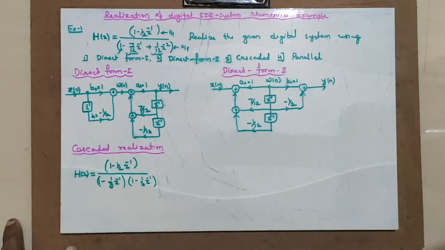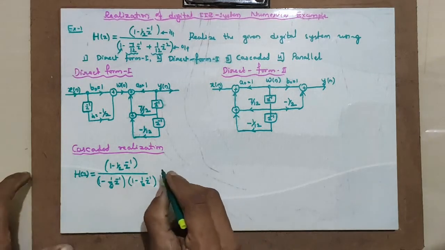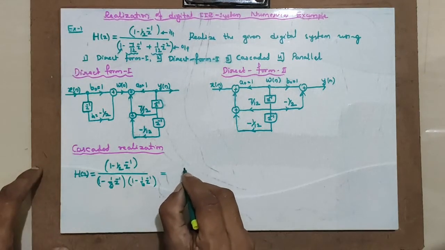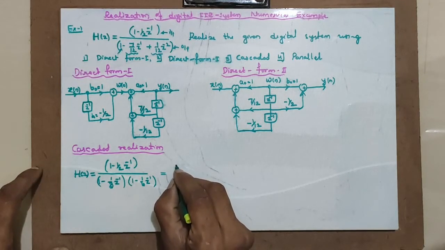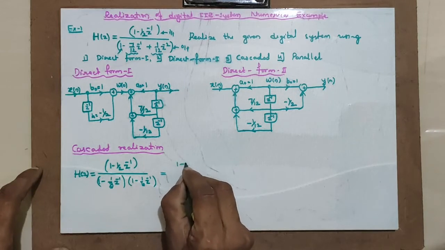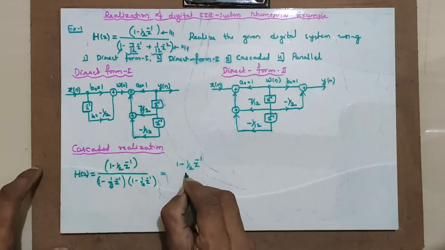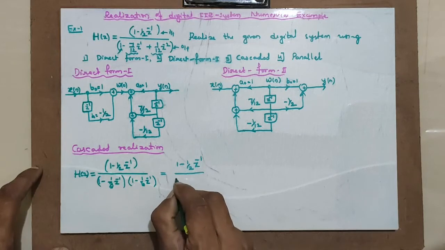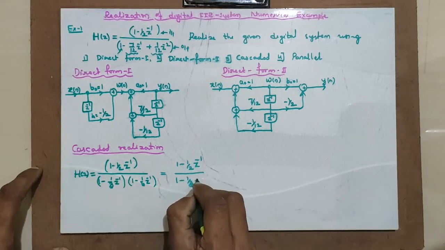Now this representation, I will be having it as a multiplication of two structures. That means you see 1 minus 1 by 2 z raised to minus 1 divided by 1 minus 1 by 3 z raised to minus 1.